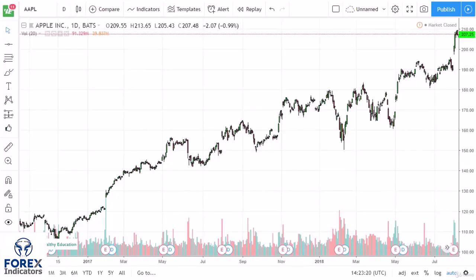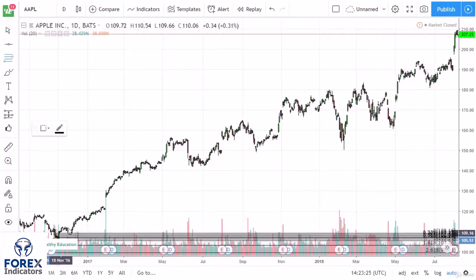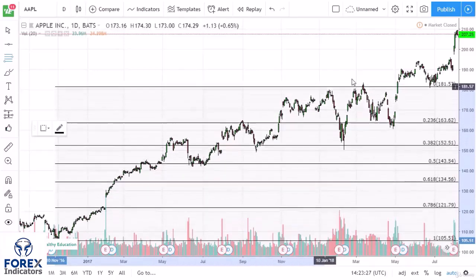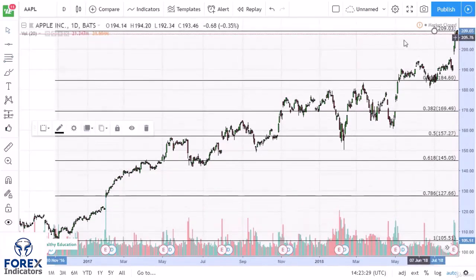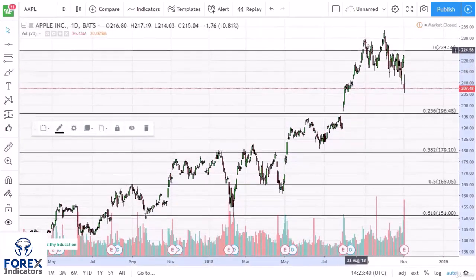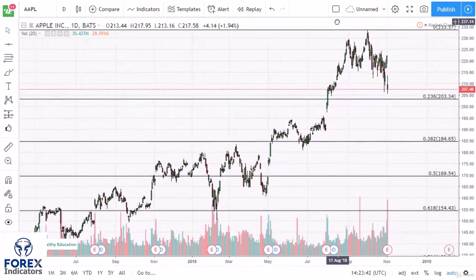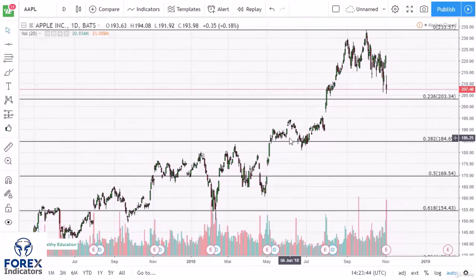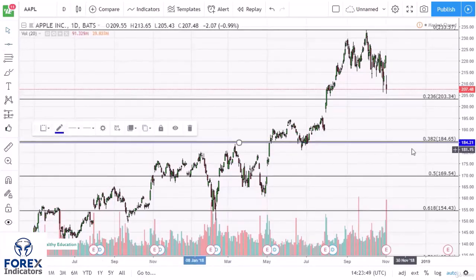Now, that being said, if you combine an area of obvious support and resistance, on a longer term chart especially, you can perhaps set up potential trades later. So if we are to pull back, in Apple, down here you can see that there is a clear support and resistance area right around $185.